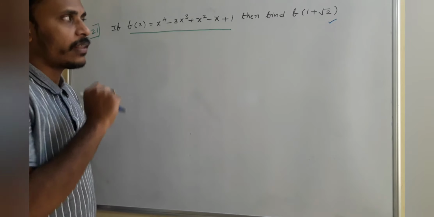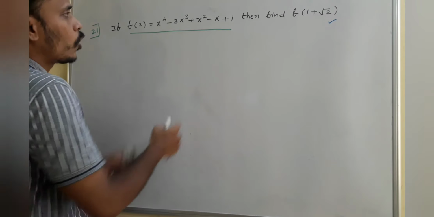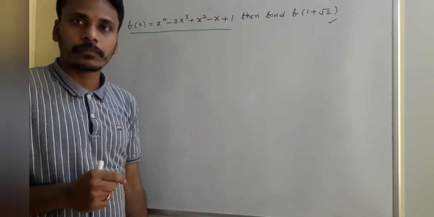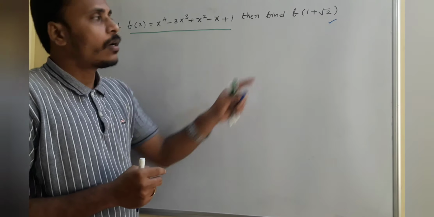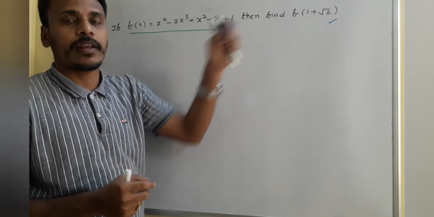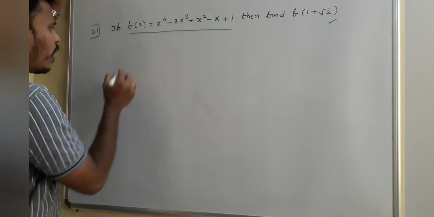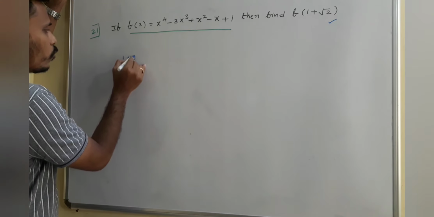To find that f of 1 plus root 2, first of all I will try to express this given polynomial f of x as a product of factors, see, whose one of the factors is this 1 plus root 2. What I am doing is, I do one thing, just look there, 1 plus root 2.